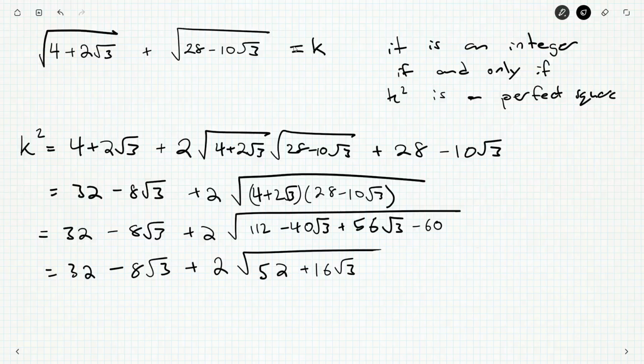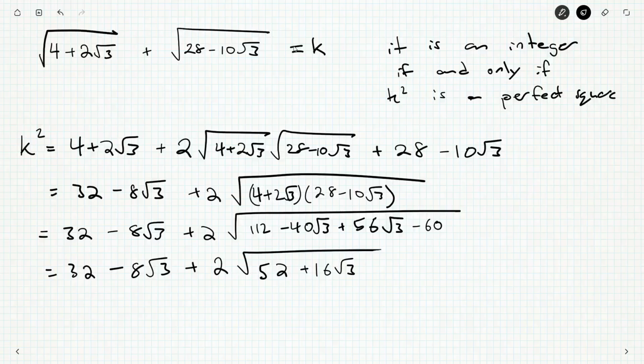Okay. So, what can we do? I don't want to square things yet again. Yes, it'll get rid of the square root sign, but it'll add in some more problems. What I'd really like to do is cancel this 8 root 3.